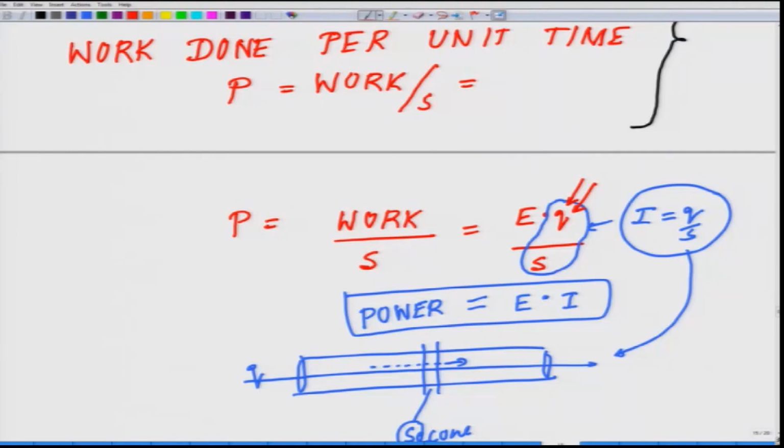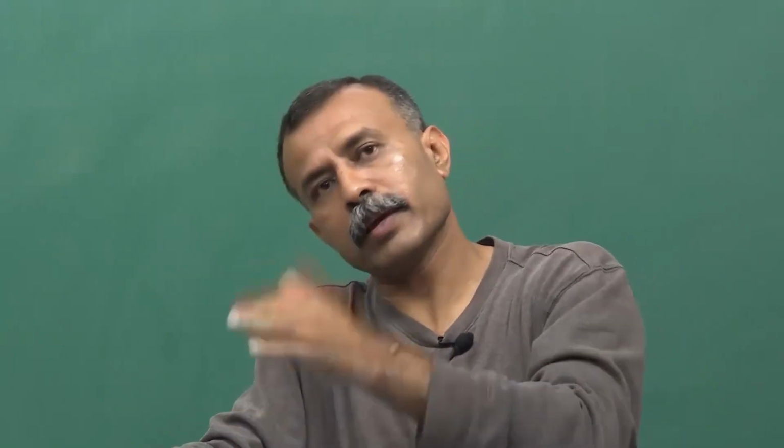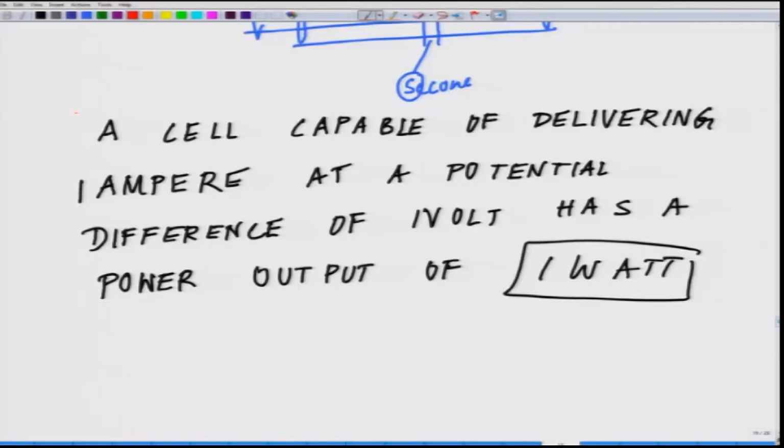So, basically your power, which is work done per unit second, is represented as voltage E multiplied by current, which is the amperage, okay, and this is represented as 1 watt.